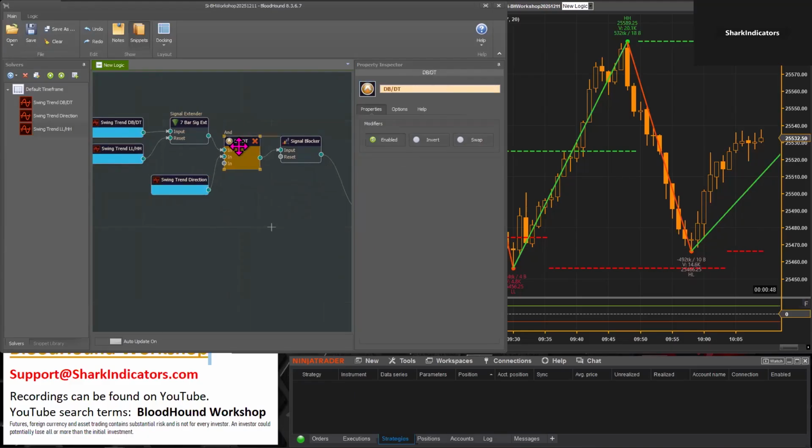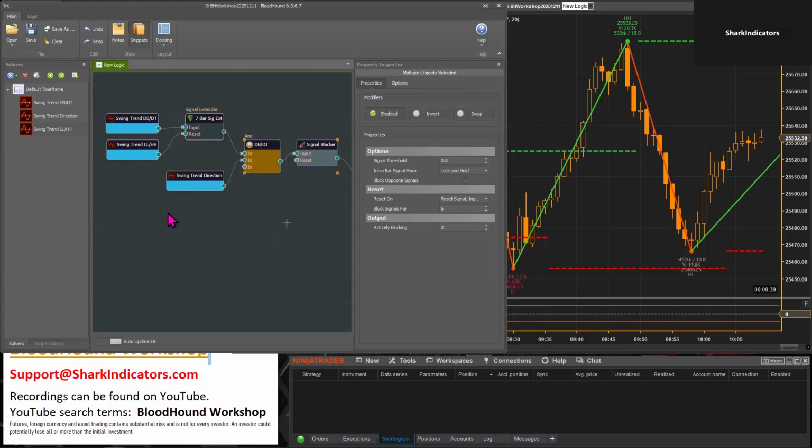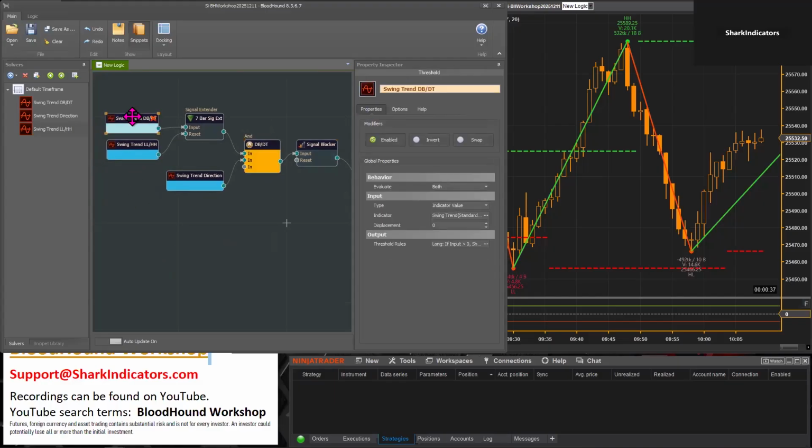All right, so this here is our double top, double bottom, and I'm just going to rebuild the same thing. This threshold solver is the key. It's looking for double bottoms and double tops, but we're going to reorient it to look for higher lows and lower highs.